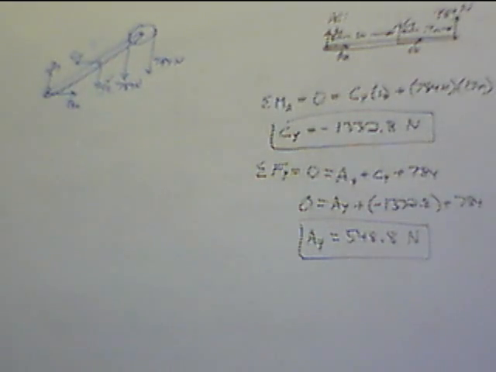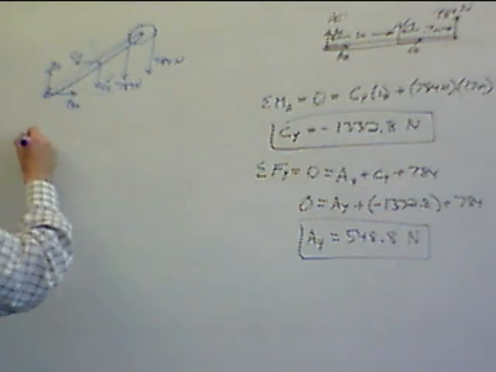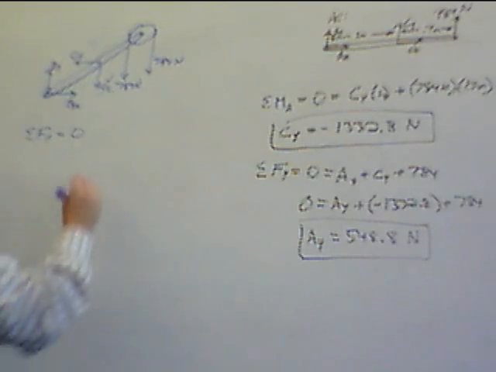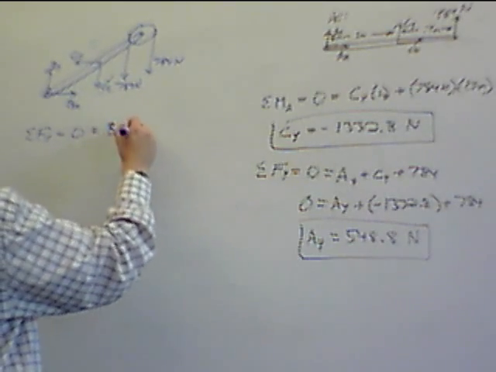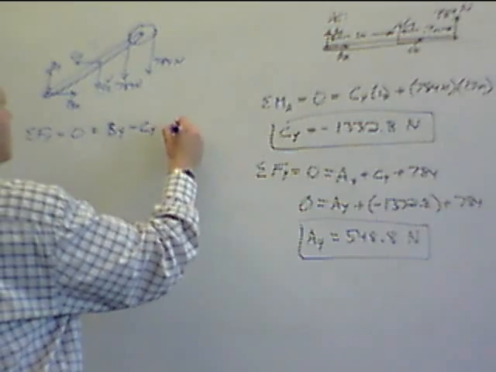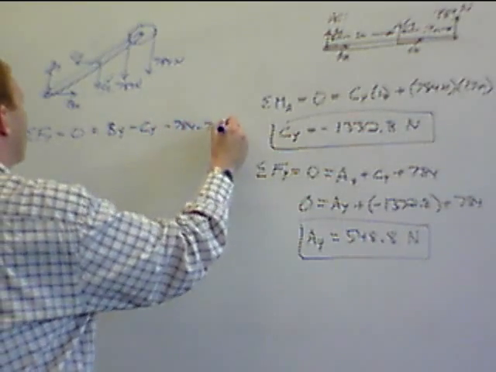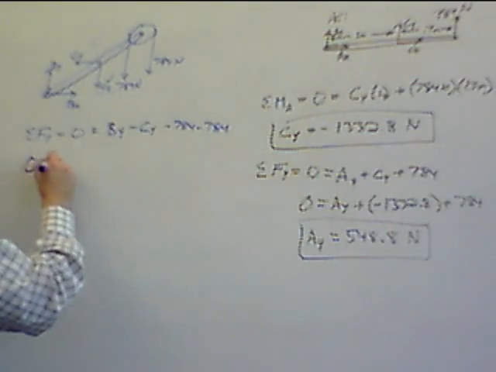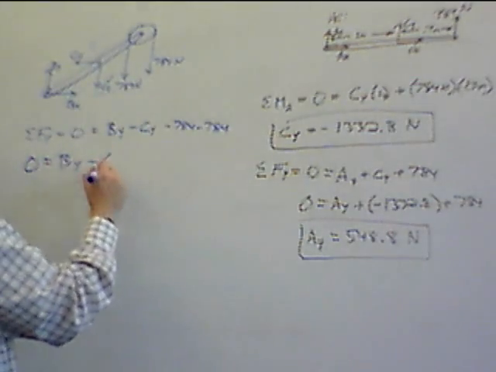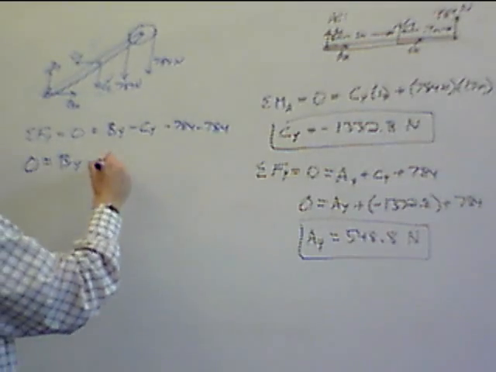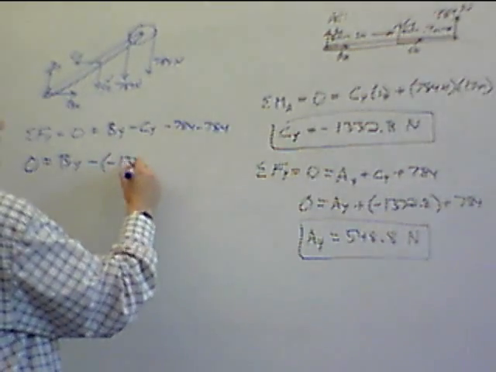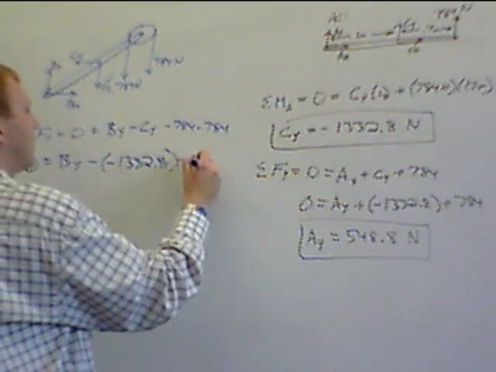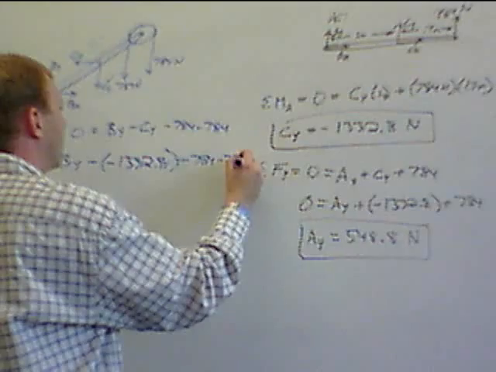Well, we can find BY just using summation of forces in the Y. Summation of forces in the Y equals 0 equals BY minus CY minus 784 minus 784. Okay, kind of a big mess, but it works. So we have 0 equals BY minus, again, I haven't changed the drawing, so I keep the sign, minus a negative 1332.8 newtons. I'll leave units out for now. Minus 784 minus 784.